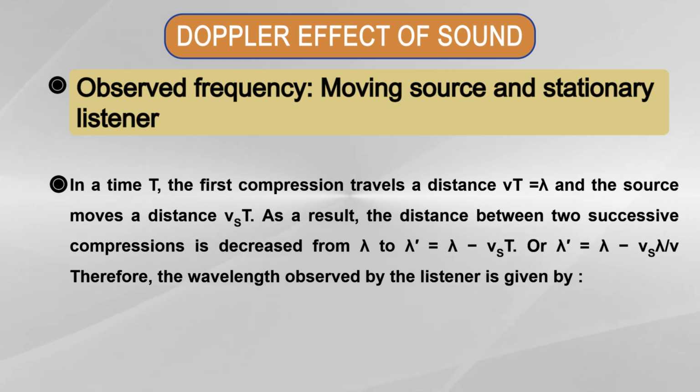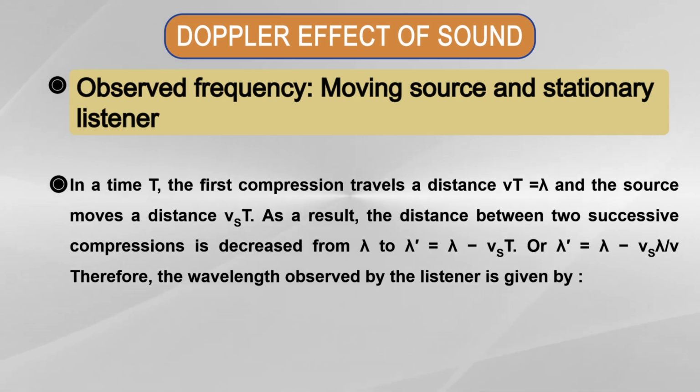The source moves a distance Vs multiplied by T in the same time, and as a result the distance between two successive compressions decreases. That will be lambda prime, which is equivalent to lambda minus the distance covered, Vs multiplied by T.